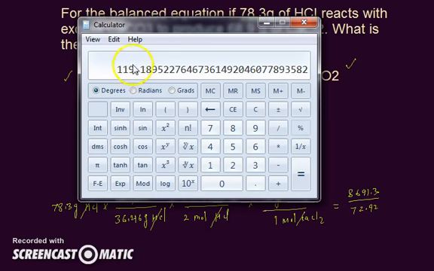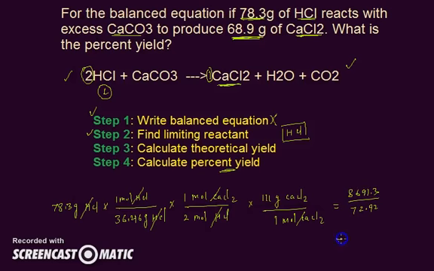That's why we round off these figures, and we get 119, and the remaining digits become 0. Here we have 119 gram. This is the mass of calcium chloride produced in the reaction, or we can say this is the theoretical yield of calcium chloride.